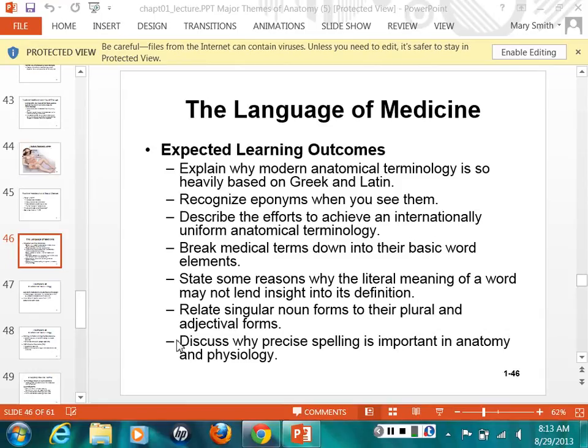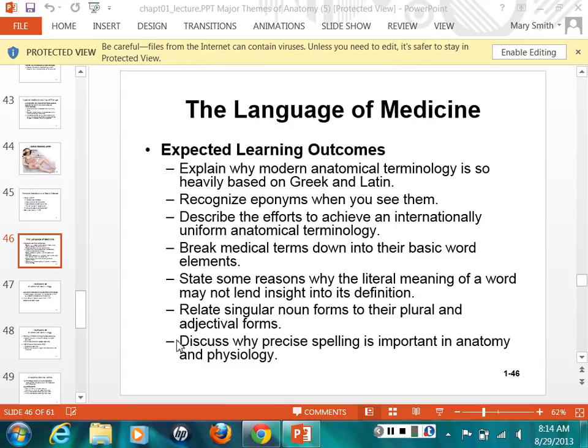A student was saying the other day how she thinks the terms are hard to pronounce. I told her you can go into Connect, and there's a section that will actually pronounce these words for you. That's why Connect is so important.